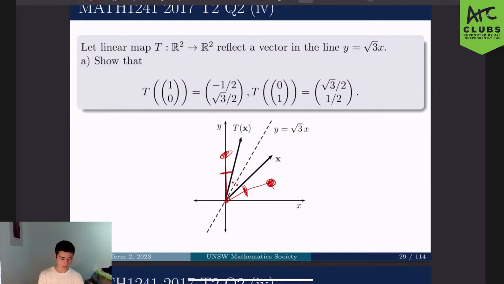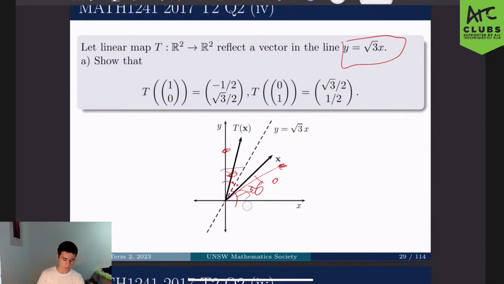We're going to consider this in a very polar kind of form, so we're going to have a radius and an angle. Because this line has an angle of 60 degrees, or pi on 3, however you want to write it, if we look over here at angle 30 and reflect it over the line, we get something over here. And we know that the magnitudes from the origin are going to be the same.